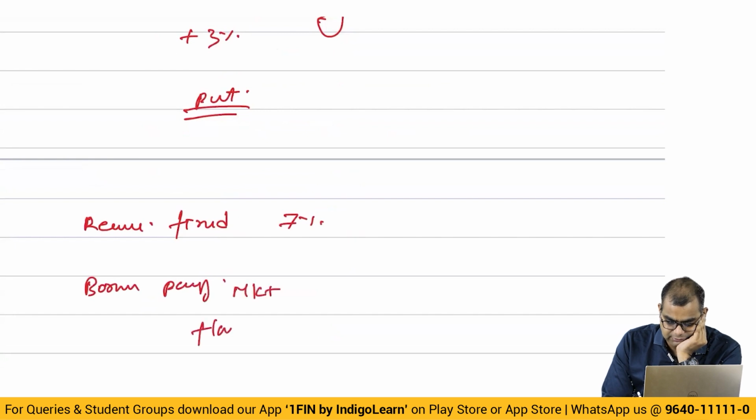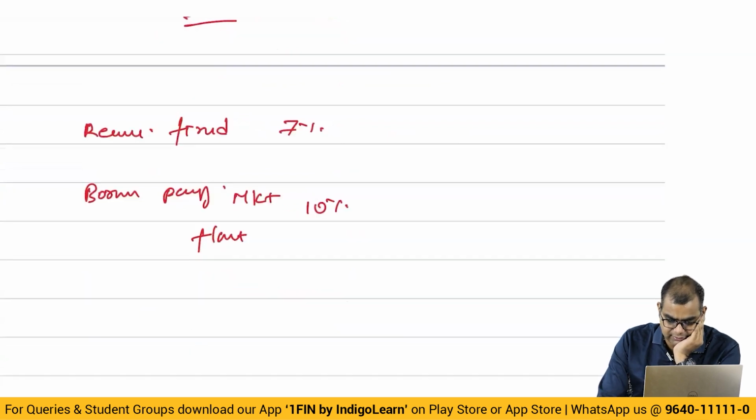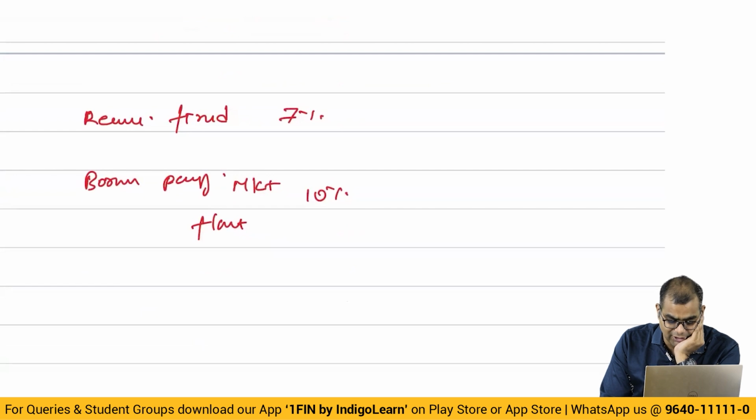What is a put? In a put, I receive fixed, let's say 7%, and pay the market rate, that is floating. I have a right to pay, not an obligation. I will receive 7 and pay 10.